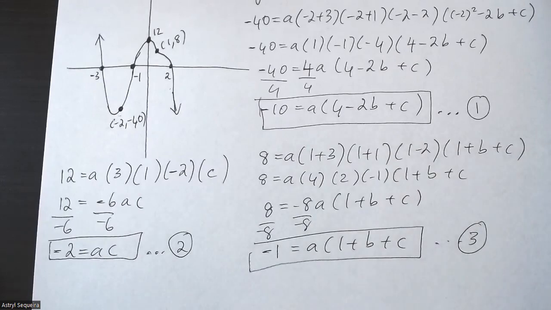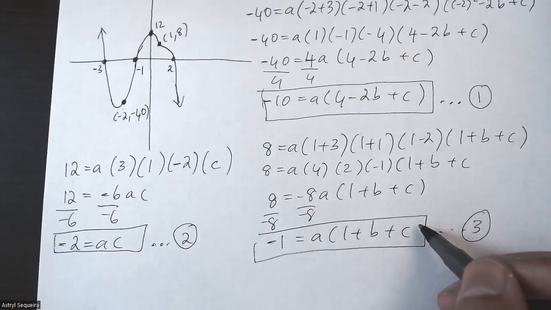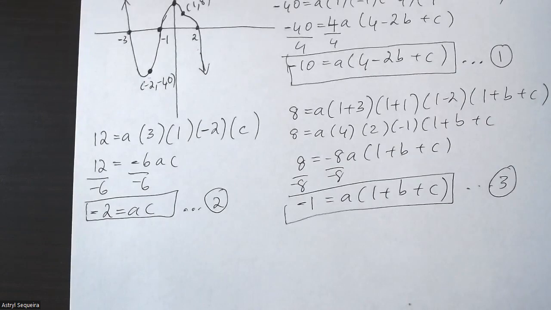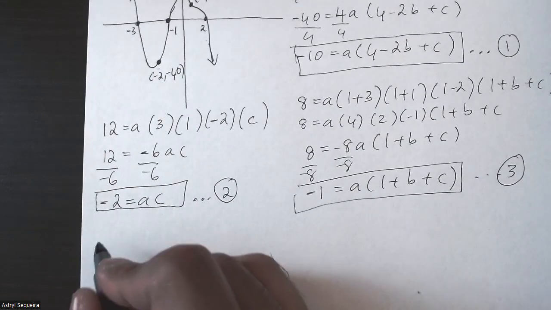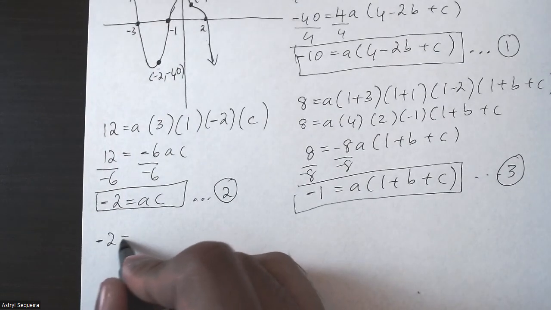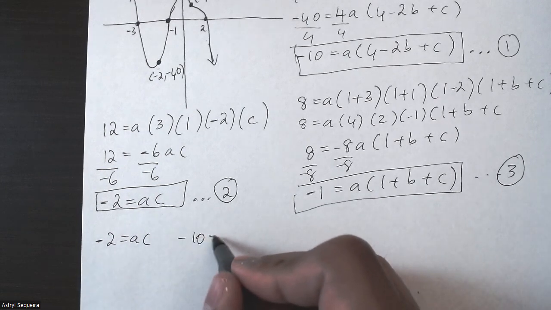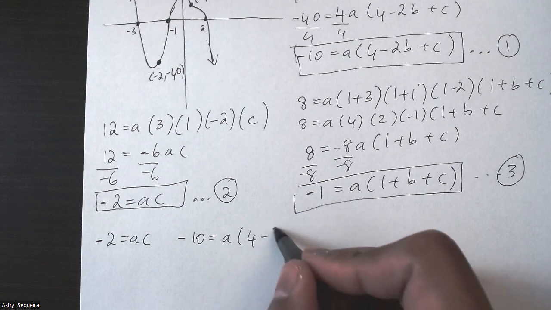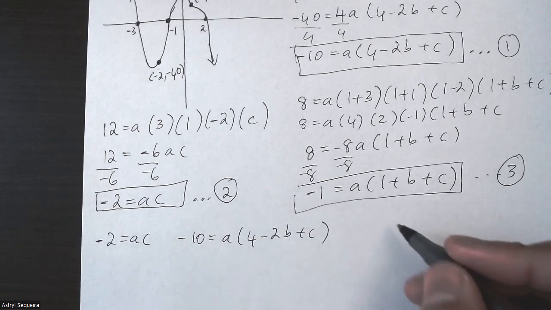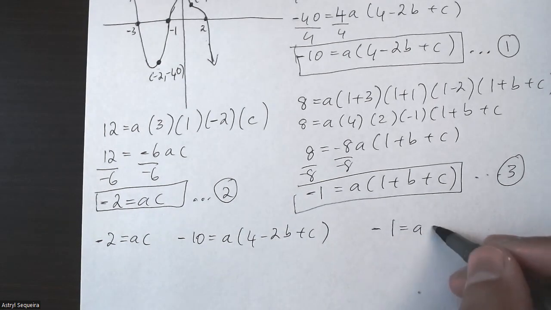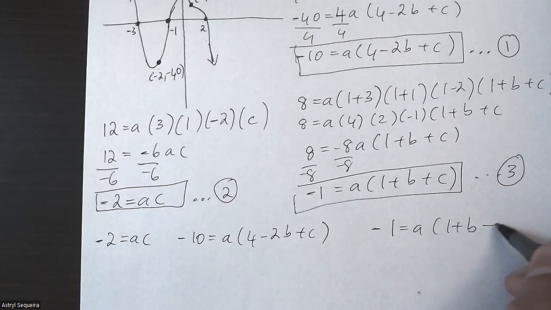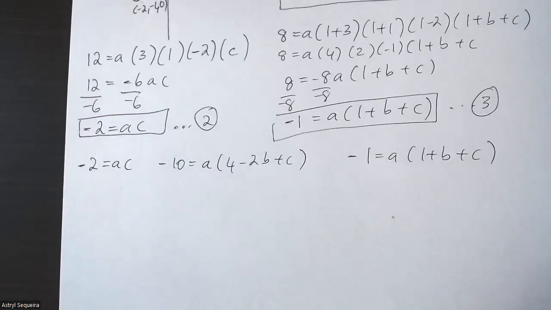So now I have 3 equations. I have 3 variables, so I can solve using substitution. I'm going to start by just writing all my equations side by side. It just makes things a lot easier. I have my three equations right there.